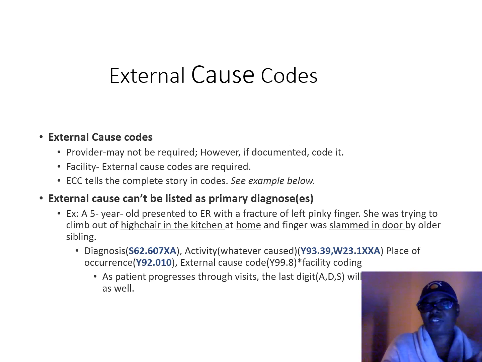The first encounter is going to be, in S62, the 8th digit, A, right? Then we're going to move from there, and the second encounter, the A is going to change to D, and then from there, the D is going to change to S. So again, we have the initial encounter, the follow-up or subsequent, and then the sequela.